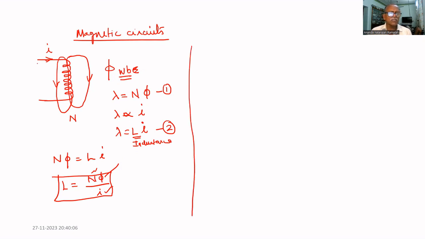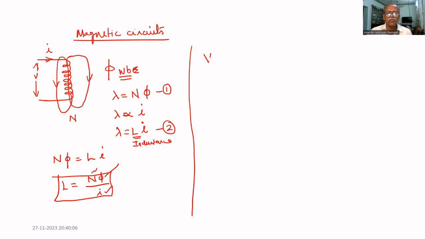What is the voltage across this coil, V? For constant current, there won't be any voltage. But for any change in current, or change in flux, there will be an induced voltage.